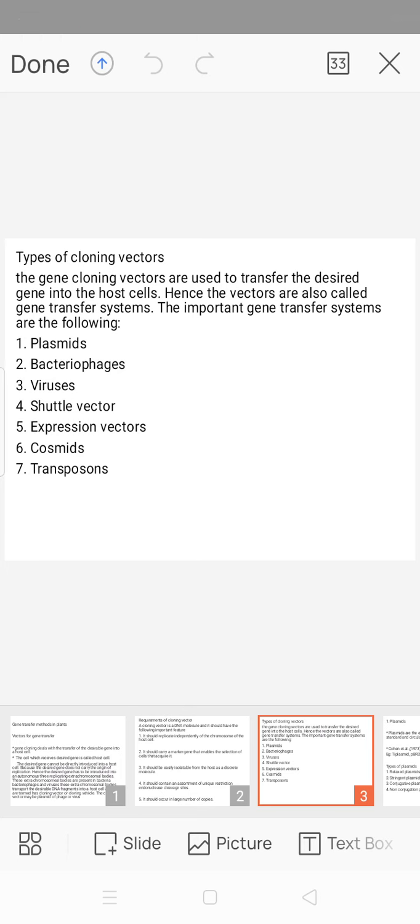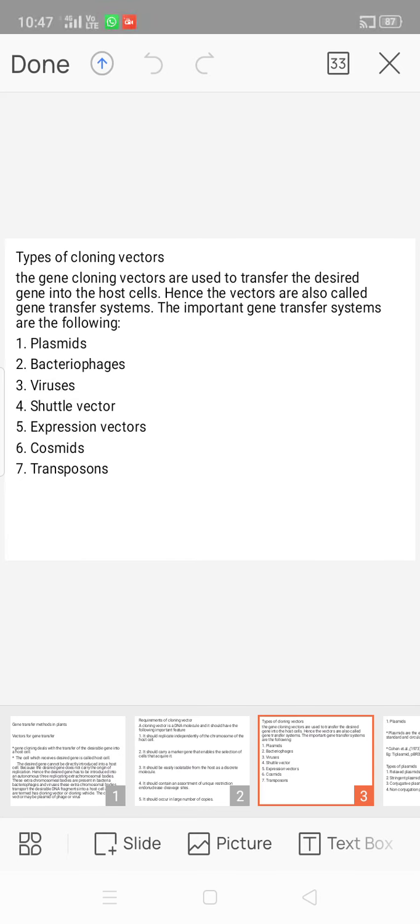And next one, types of cloning vector. The gene cloning vectors are used to transfer the desired gene into the host cells. Hence, the vectors are also called gene transfer systems.